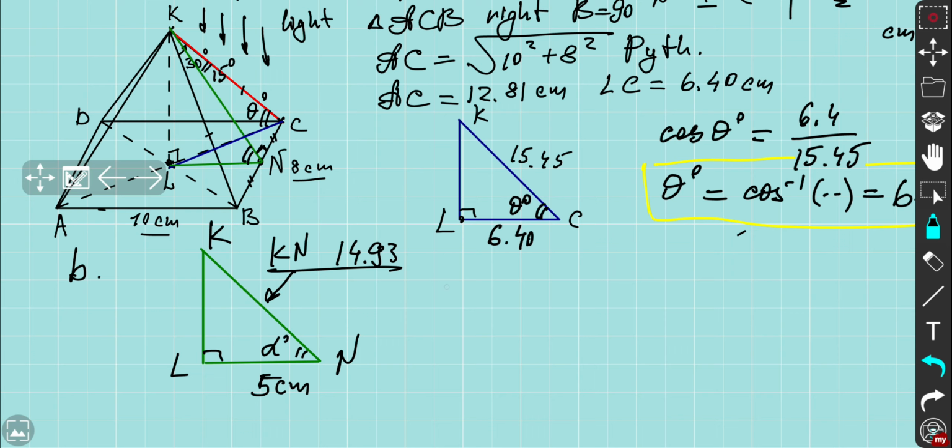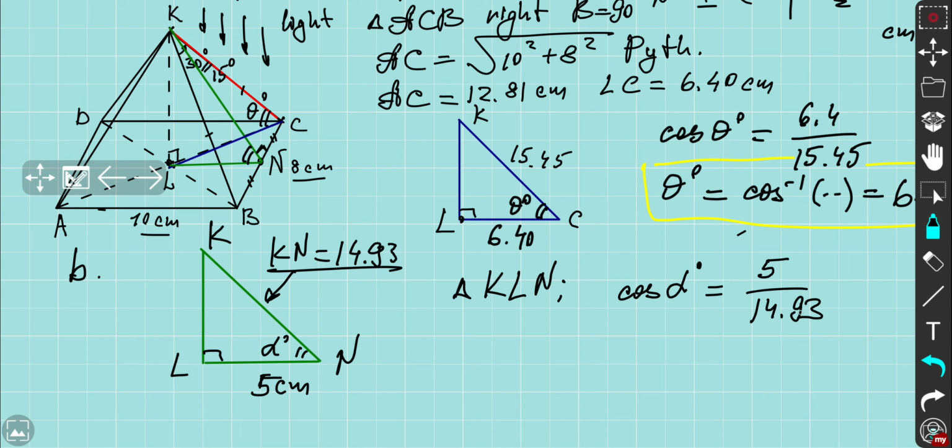We use the cos rule for that small triangle. So from the triangle KLN, we're going to find cos alpha. So cos alpha, because of the given adjacent side, is going to be adjacent 5 over hypotenuse KN, which is 14.93.